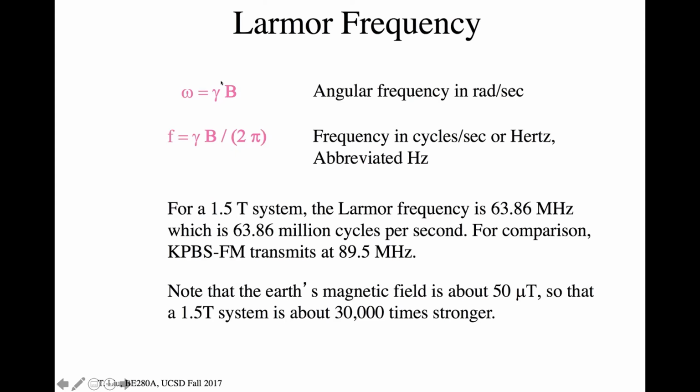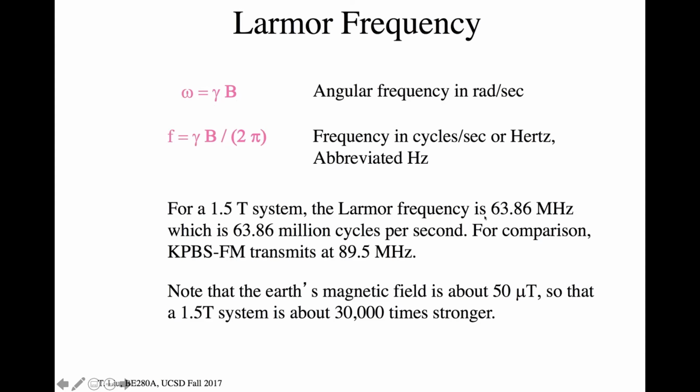When you apply a B field to, say, a bucket with water in it, the protons will respond to an RF frequency at a specific number that is governed by this Larmor frequency. And gamma is the constant that connects the frequency to the magnetic field.